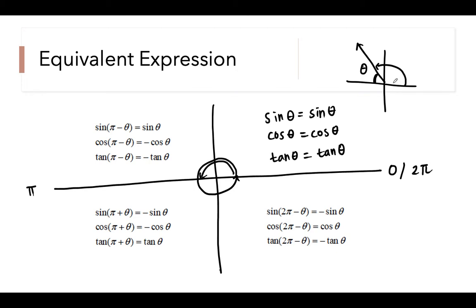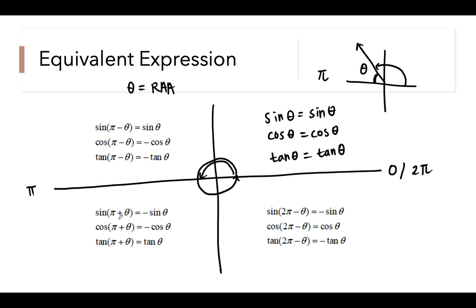That means cosine of 180 minus theta is going to give me negative cosine of the related acute. I'm going to write that theta in this case is the related acute angle.